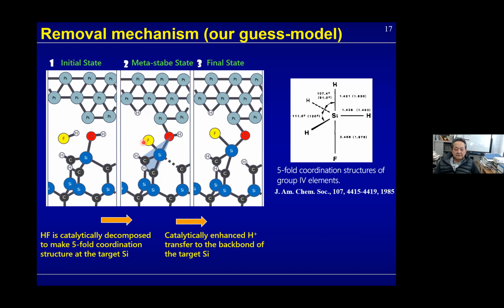So this kind of element can adsorb here to make a hypervalent situation. In this case, 5-fold coordination is appearing. But in this case, this kind of triangle is constructed by sp2 hybridized orbitals.